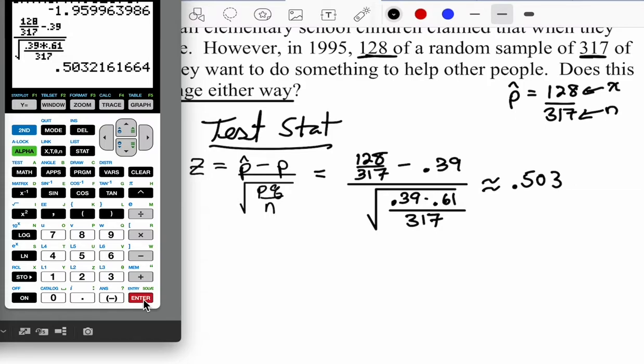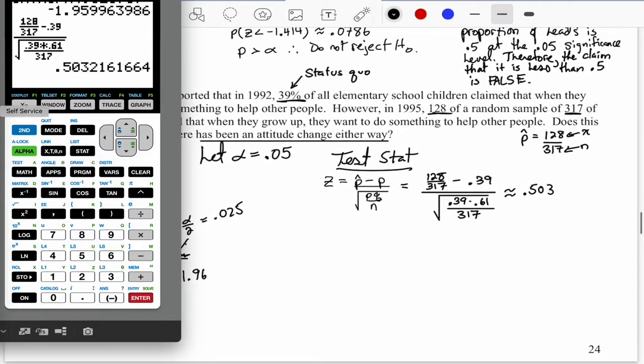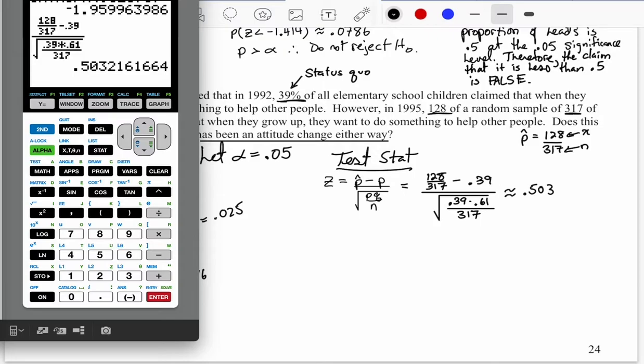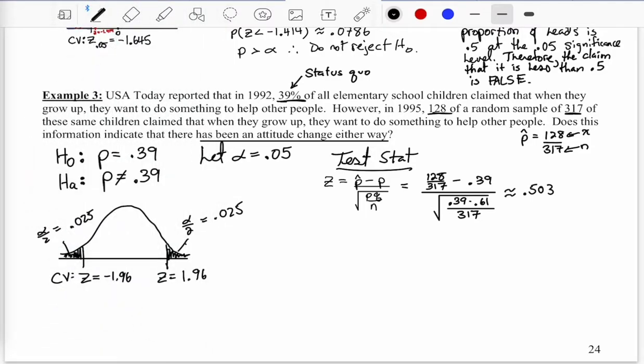So now I can disregard that critical value. If I compare this to the graph, we know 0 is in the middle because it's a standard normal curve.